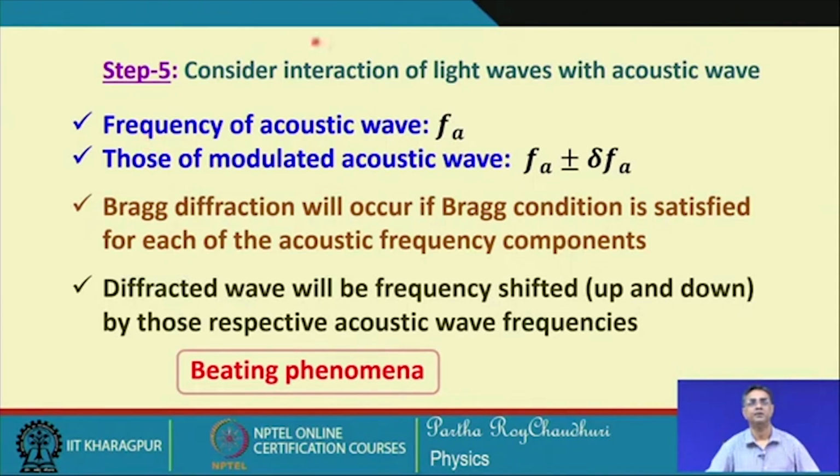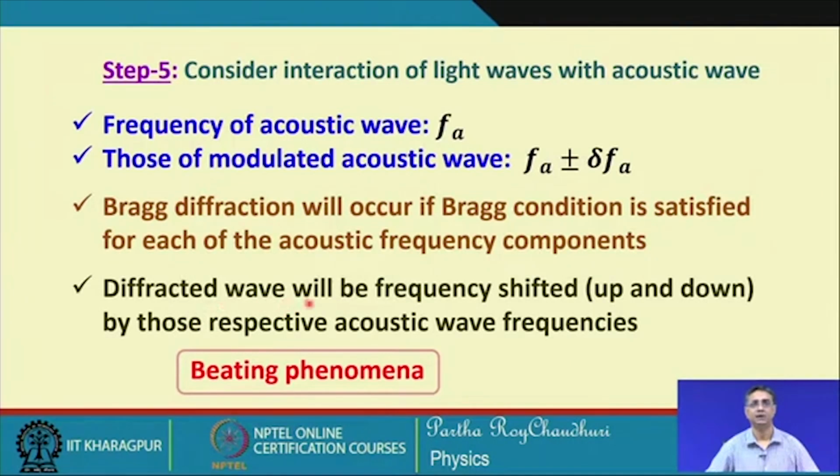So, in the fifth step, we considered the interaction of light waves with an acoustic wave, where the frequency of the acoustic wave is f a, and those of the modulated acoustic wave will be f a plus minus delta f a. So, this is the change in the frequency of the acoustic wave. Bragg diffraction will occur if the Bragg condition is satisfied for each of the acoustic frequency components.